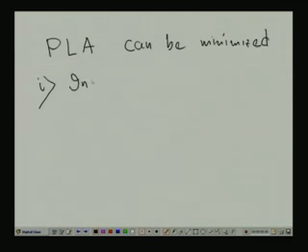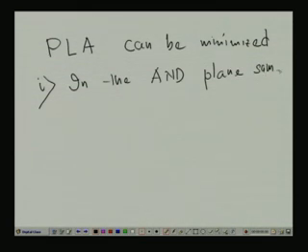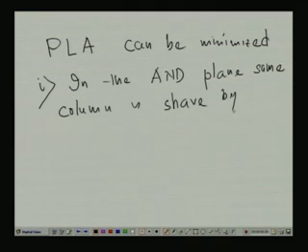In the AND plane, the same column is shared by two input variables.